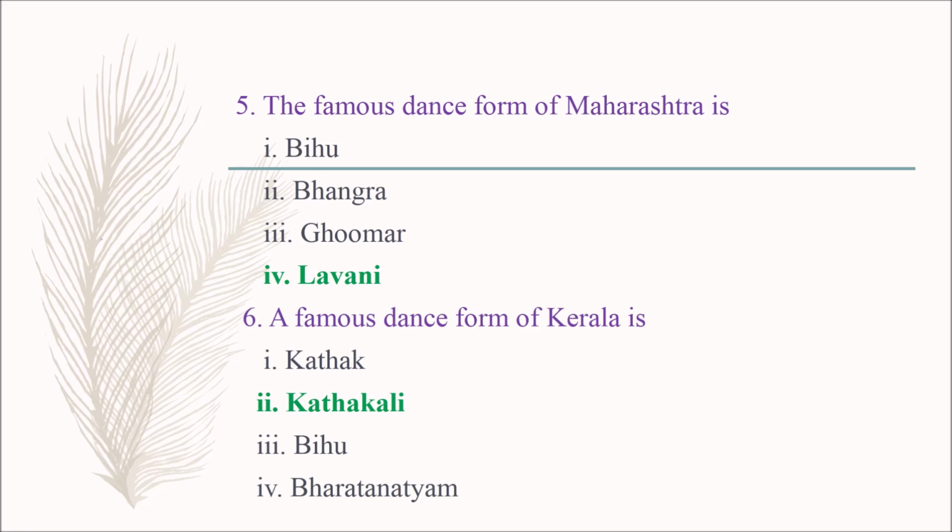So the correct answer is option 4 Lavani. Question number 6. A famous dance form of Kerala is option 1 Kathak, option 2 Kathakali, option 3 Bihu, option 4 Bharatanatyam. So the correct answer is option 2 Kathakali.